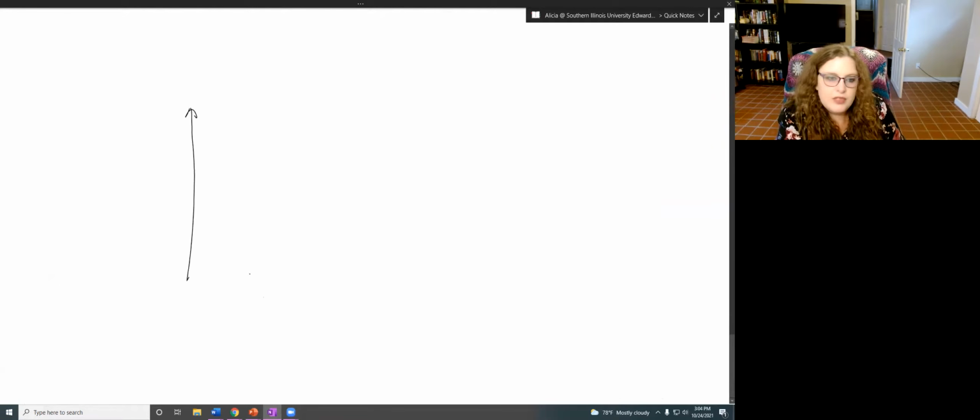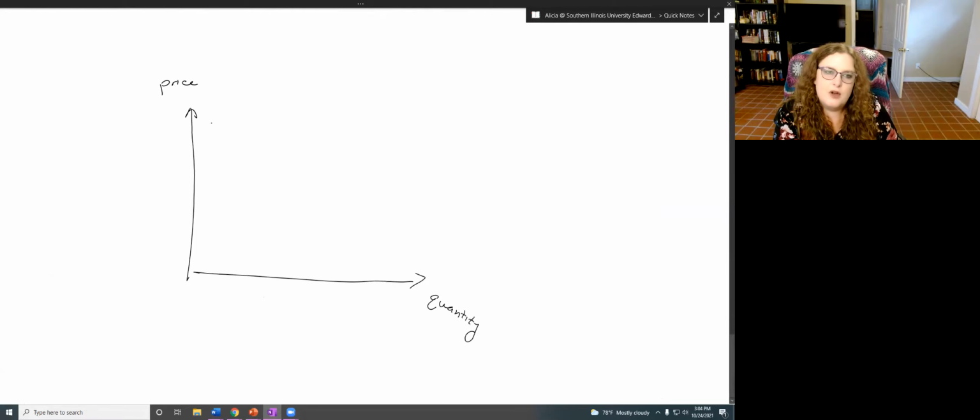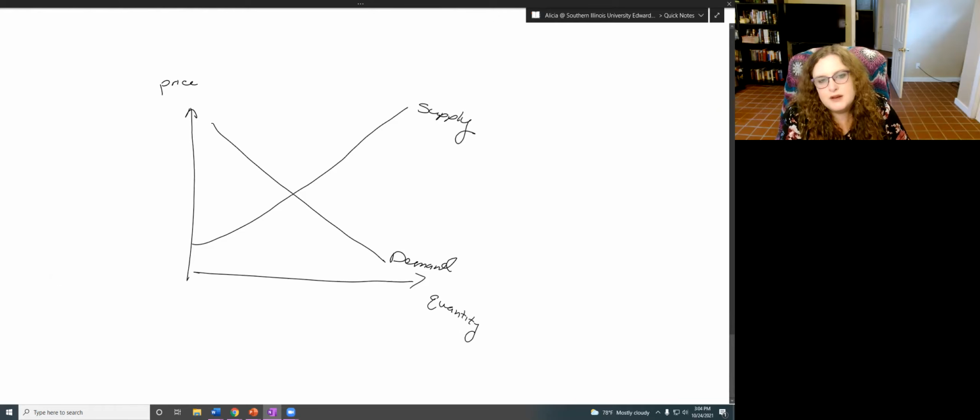All right, well, then when we're looking at our graphs, we have our price, we have our quantity, we have our downward sloping demand curve, we have our upward sloping supply curve. Notice that they cross in the middle. Okay, well, at this point, let's draw a line over to where that is on price.